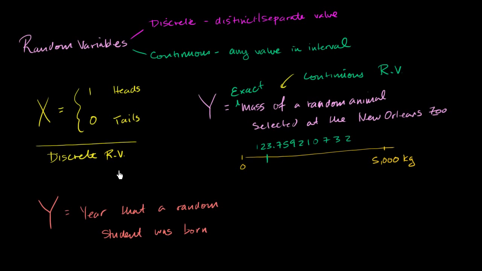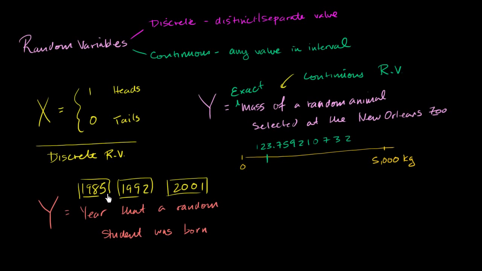It could be 1992, or it could be 1985, or it could be 2000 and 2001. There are discrete values that this random variable can actually take on. It won't be able to take on any value between, say, 2000 and 2001. It'll either be 2000, or it'll be 2001, or 2002.